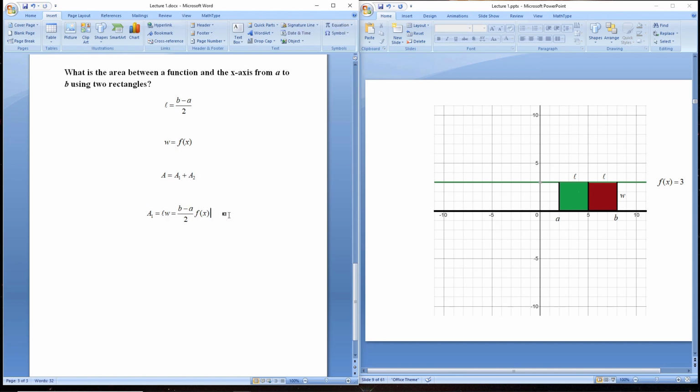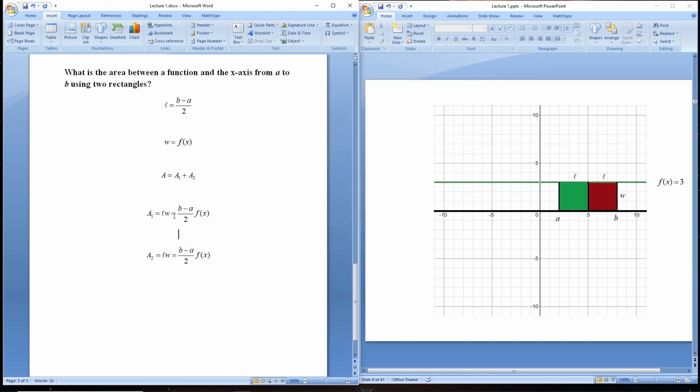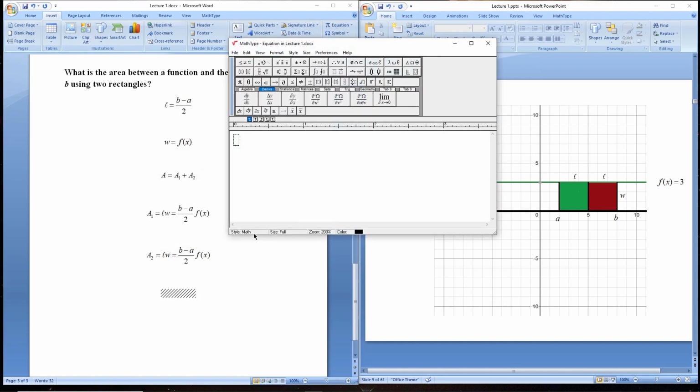And likewise, for the red rectangle, which is area 2, it's actually the same thing because they're both the same rectangles. So here's our expression for the 2 rectangles that we're going to add together then to get the total area. So if we do that, you can see that these both are exactly the same.